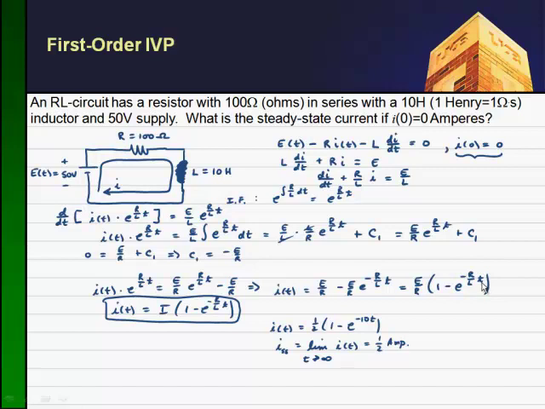So in 1/10 of a second, we should see the current rise 63.2%. And of course, you could have 2 time constants, 3 time constants, 4, and about 5 time constants, we pretty much say that we've approached this ISS, if you will.